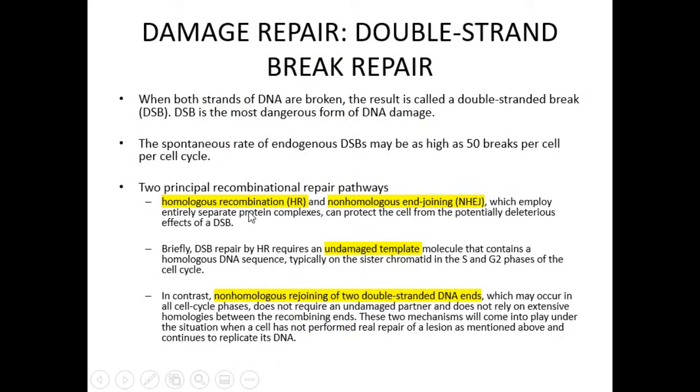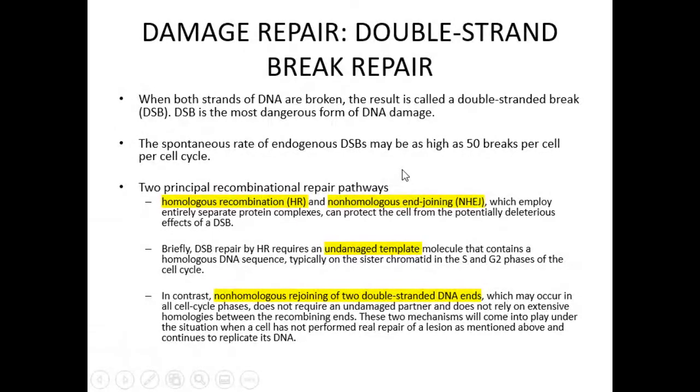And then there are another two mechanisms for double-stranded break repair. One is the homologous recombination repair, HR, and the other one is non-homologous end joining, NHEJ. So these two mechanisms repair the double-stranded break.